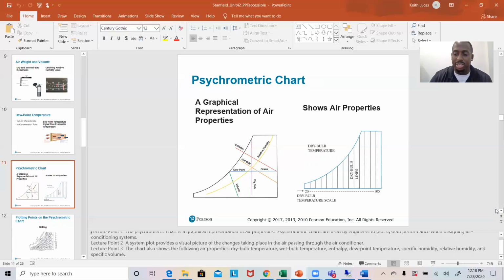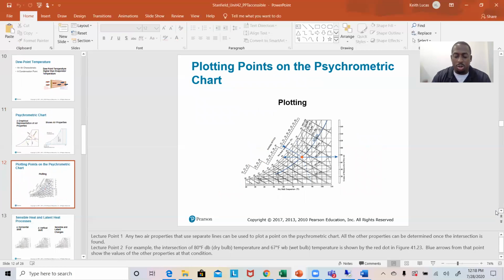So let's say, for instance, you have the dry bulb and the wet bulb temperatures, that's all you need. Then you could take that point on the chart and find the enthalpy, or the relative humidity, or the grains of moisture, or whichever. It's all on the chart. So like I said, any two given properties is enough for you to figure out any of the other properties using the chart.